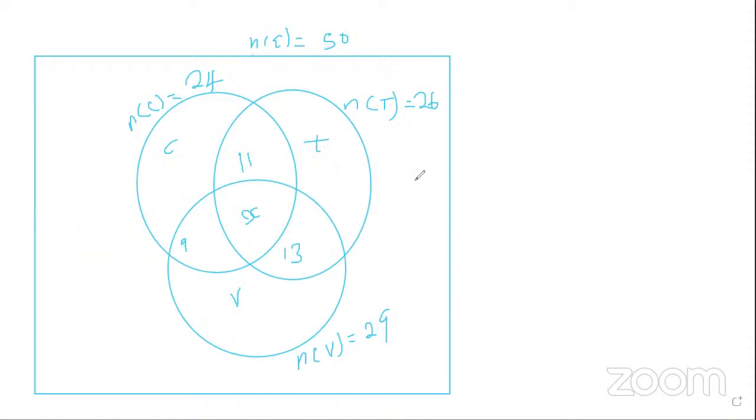Now, when they tell us that 11 play chess and tennis, they include this X. In other words, if I had the opportunity to do some shading, it is the whole of this region here, with only what is here, okay? Because the 11 stretches up to this X.